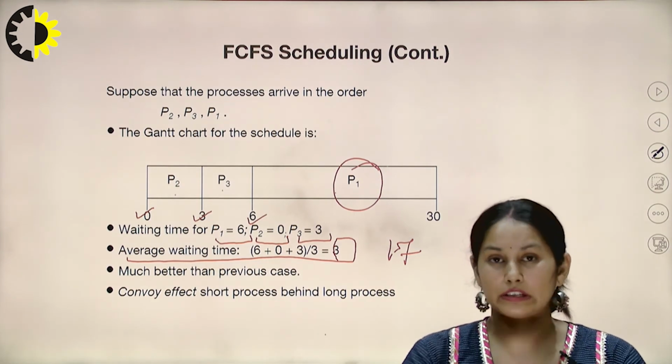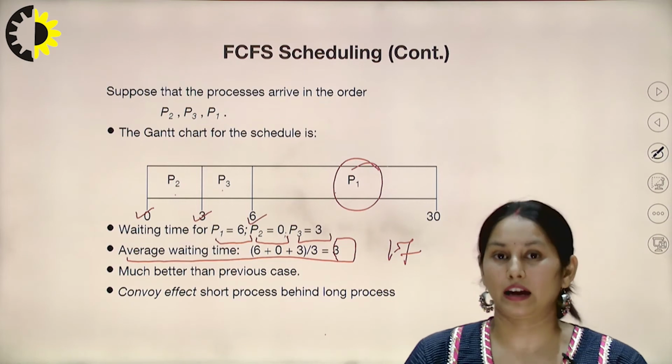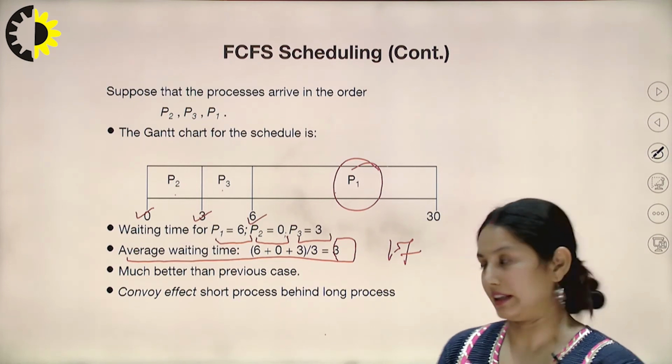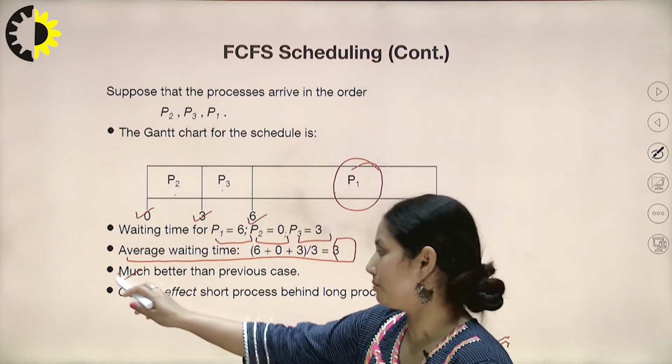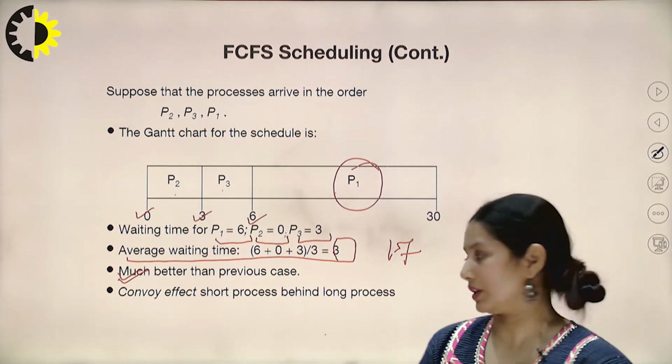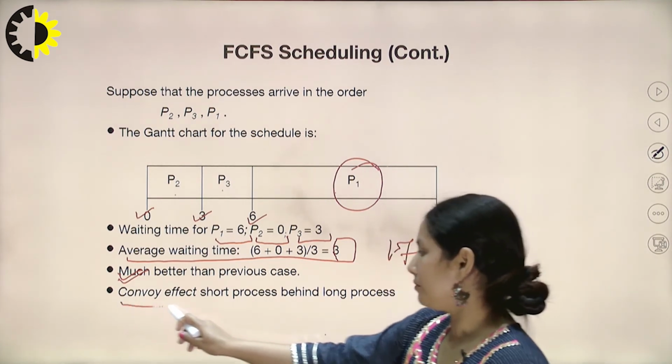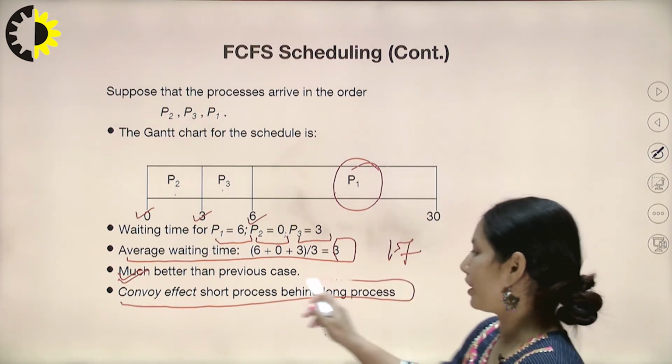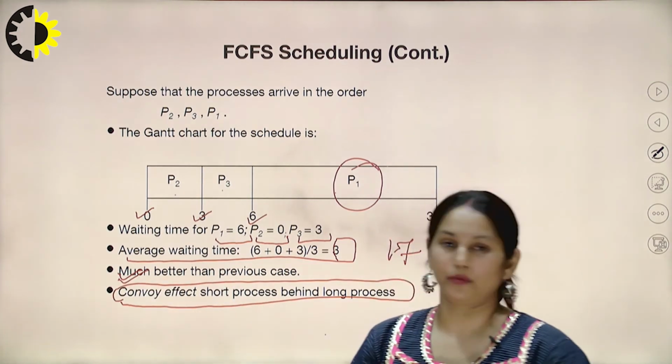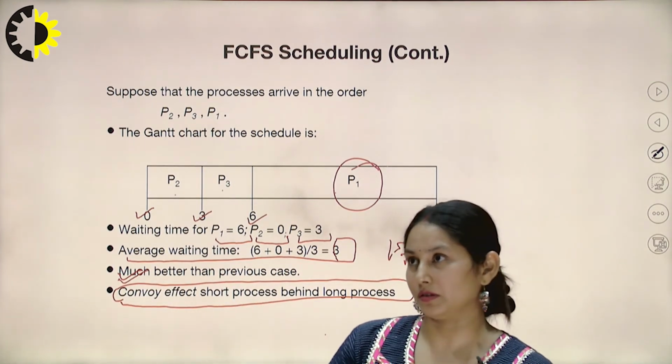By just changing the sequence, we actually have a minimum waiting time, which is much, much better than the previous case. Now here comes the situation, the convoy effect. What is the convoy effect?